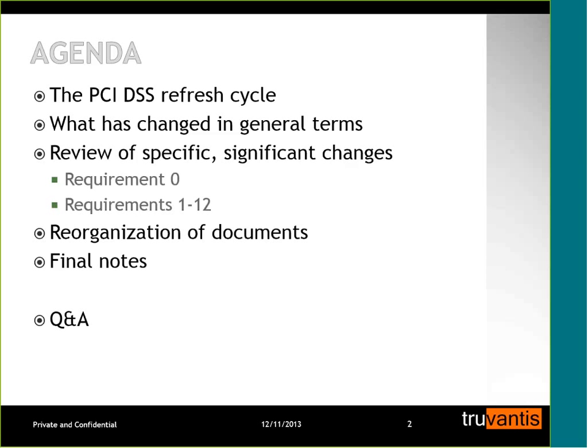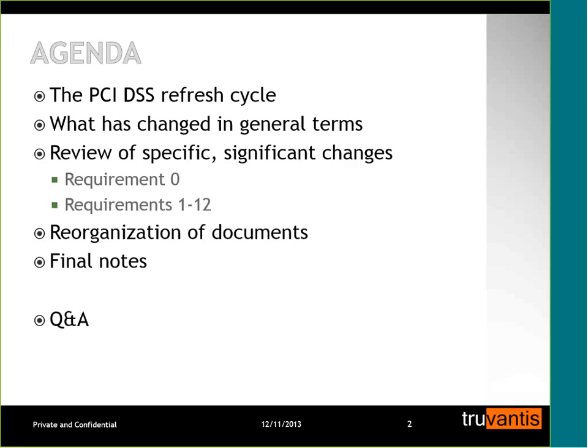Great. Thanks very much, Sally. So what we're looking through today is just very briefly why it is that we have a new standard, a new version of the standard, and how that refresh cycle works. A couple of notes on a general overview of what is changing, and then we'll walk through the specifics of a few significant changes.